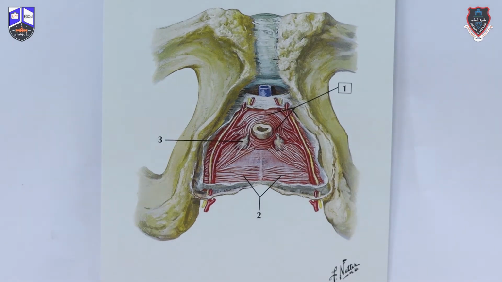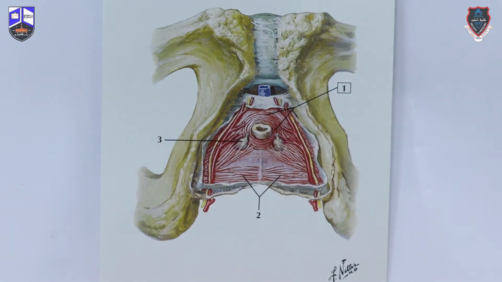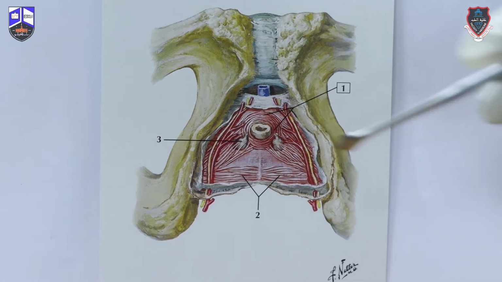Then this is the urogenital diaphragm formed by these two muscles, and together with other structures enclosed by two layers of fascia. The superior one is the superior fascia of the urogenital diaphragm, and the inferior is the inferior fascia of the urogenital diaphragm.